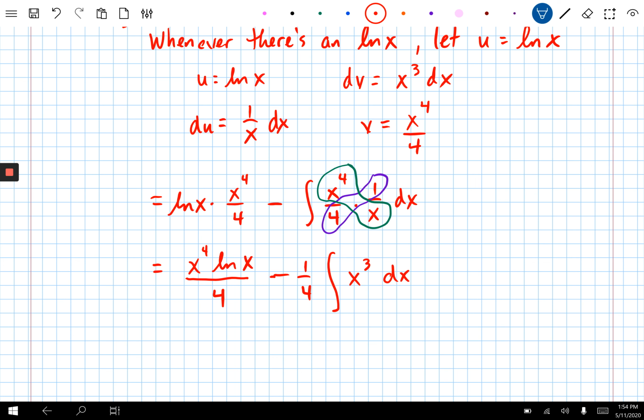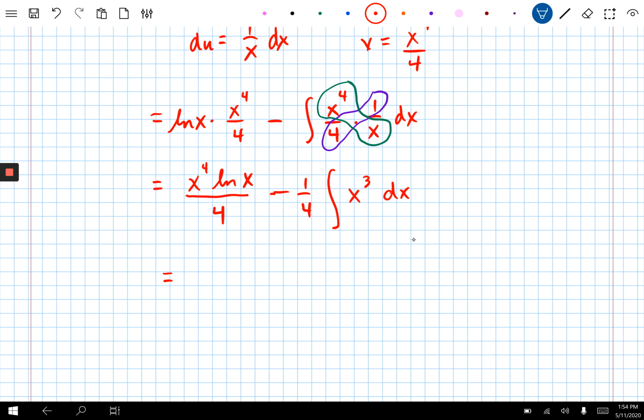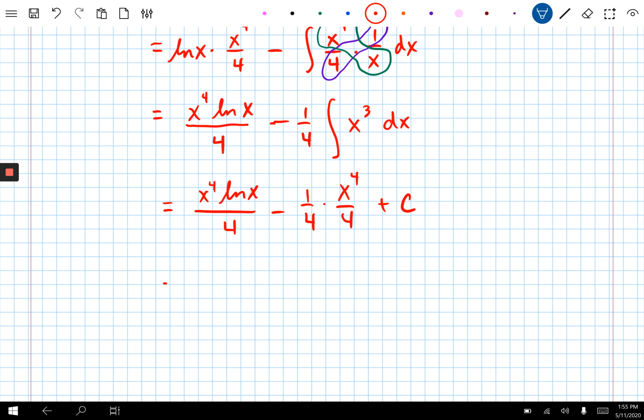Now the antiderivative of x to the third is easy enough. That's x to the 4 over 4, and I have a plus c chilling on the end. So that's going to be x to the 4 ln of x over 4 minus x to the 4 over 16 plus c. This is my final answer.